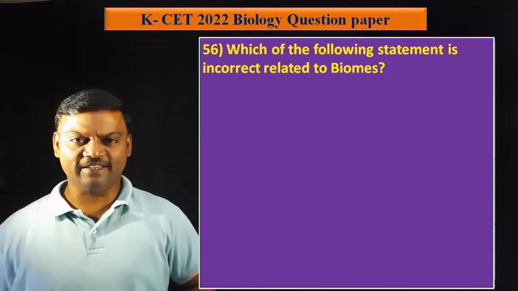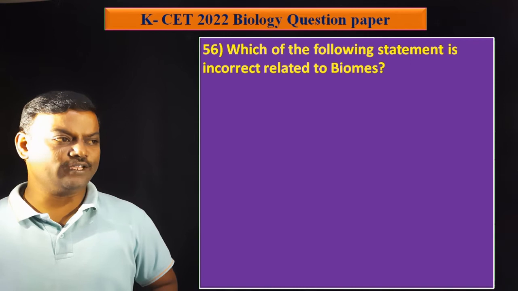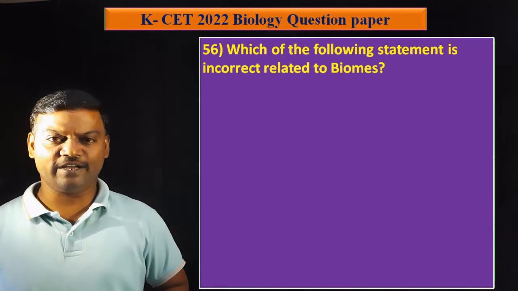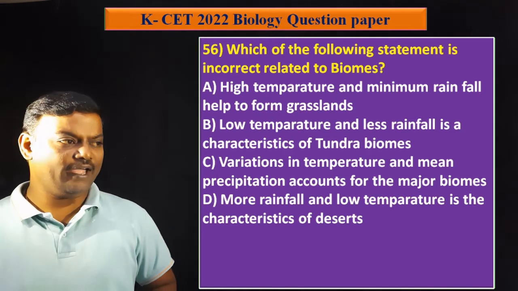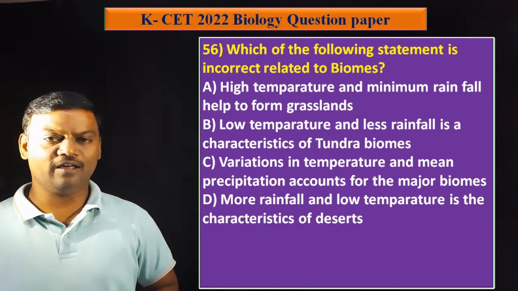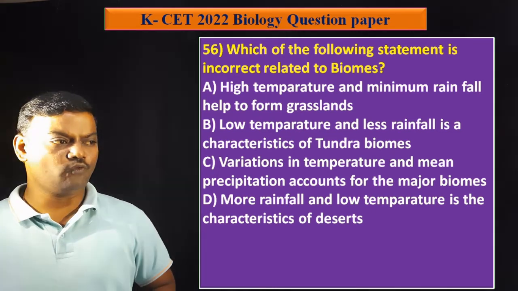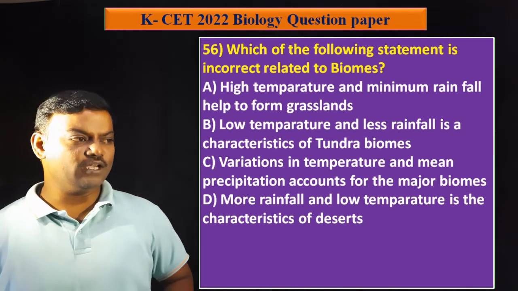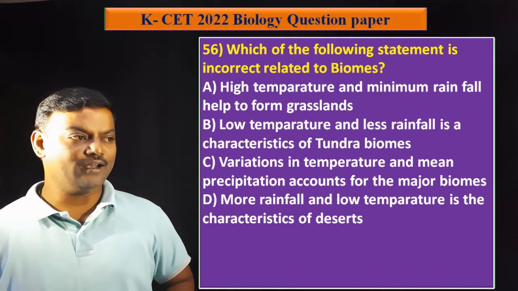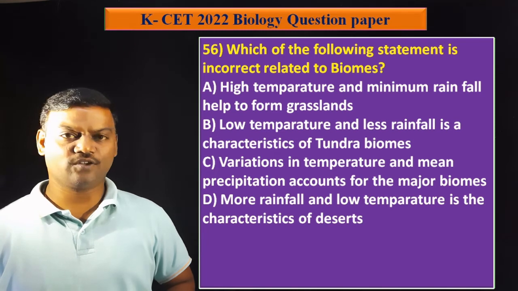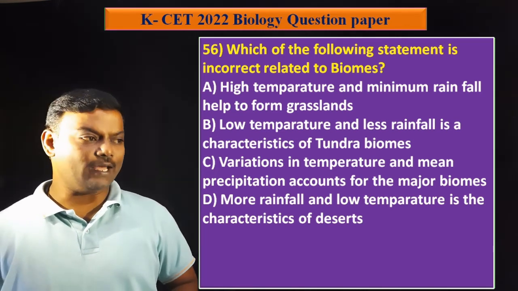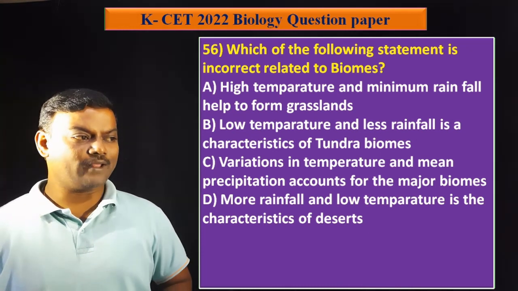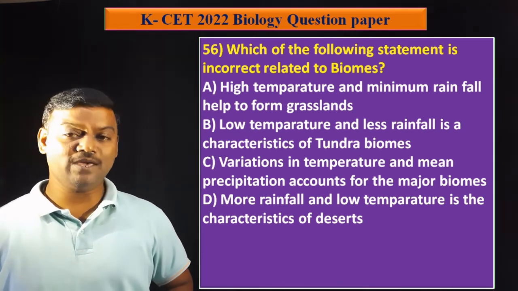Question number 56. Which of the following statements is incorrect related to biome? Option A, high temperature and minimal rainfall help to form grasslands. Option B, low temperature and less rainfall is a characteristic feature of tundra biome. Option C, variations in temperature and mean precipitation account for the major biomes.